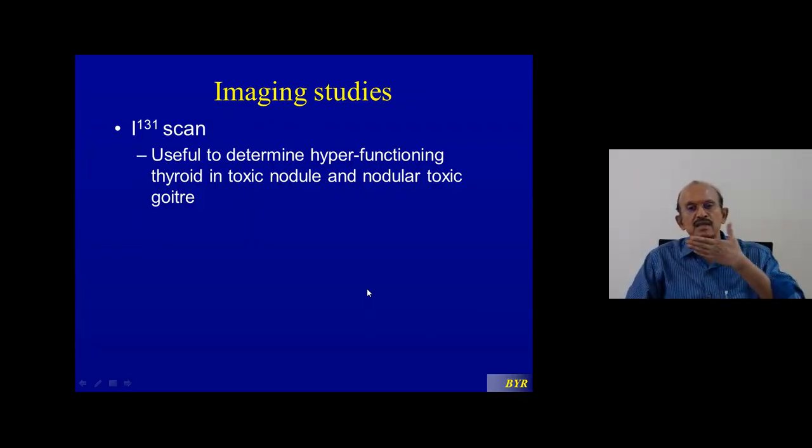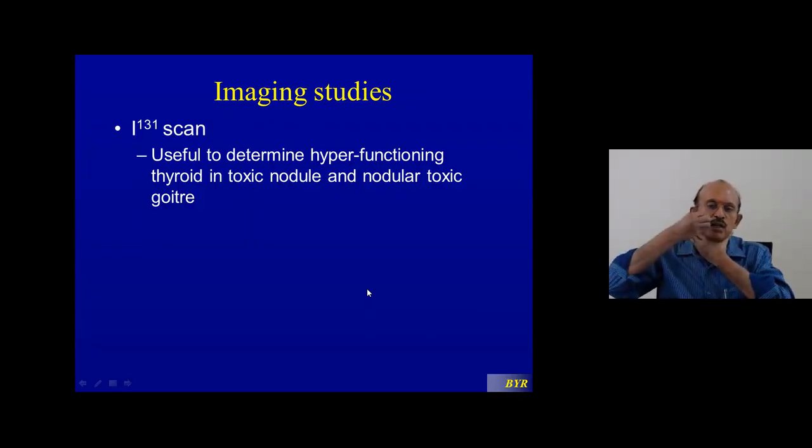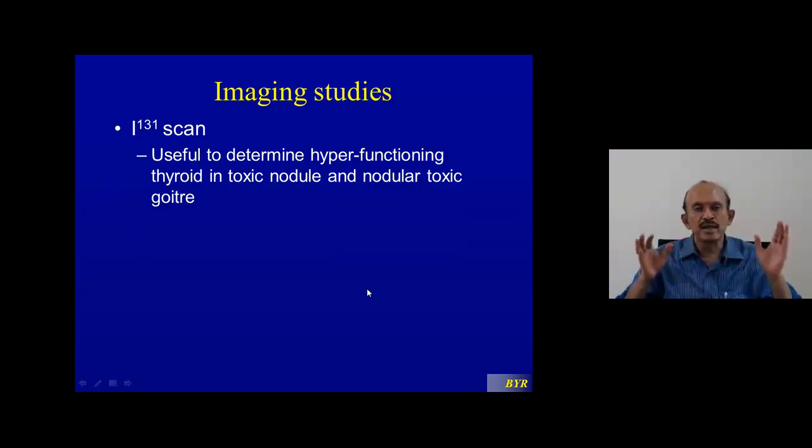Similarly, if you take an X-ray film and keep it above the front of the neck, and give radioactive iodine, that is I-131, to the patient, that goes into the blood and it is trapped by the thyroid gland. If it is uniformly taking up the I-131, it gives a uniform butterfly-shaped shadow.